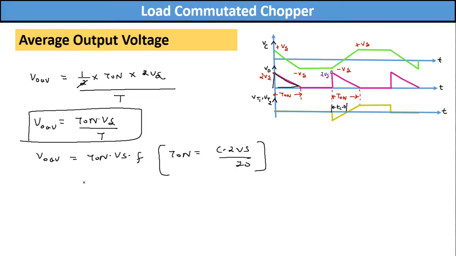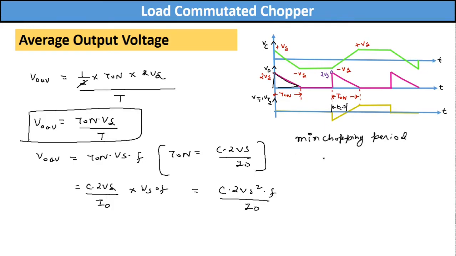Now we put this value here, and we get C into 2Vs divided by I naught into Vs into F. So from here we get C into 2Vs square into F divided by I naught. Now we can find the minimum chopping period. Minimum chopping period is represented by T minimum, which is equal to the on period here. So we are taking T minimum is equal to T on.